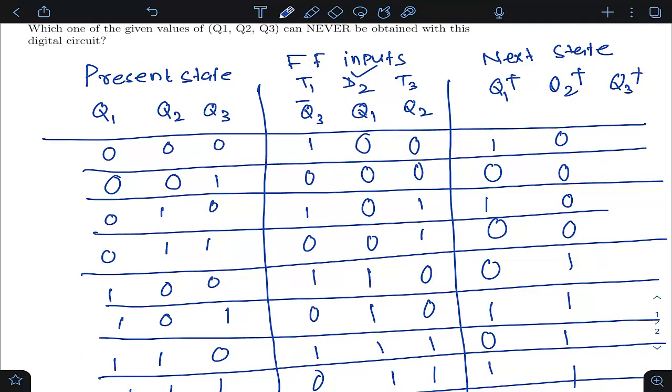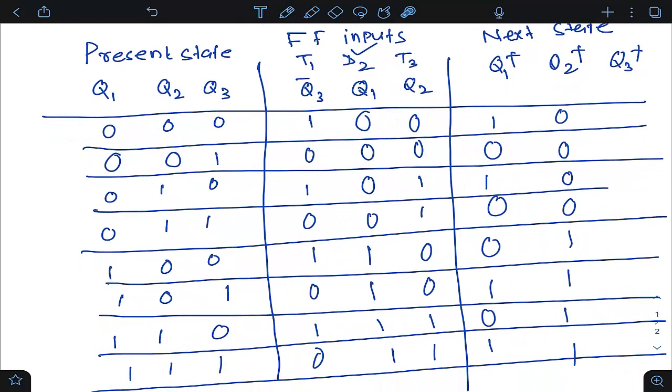Okay. Then finally Q3 plus. I'll be making the XOR combination of this and this. So 0 XOR 0 is 0. Then 1 XOR 0 is 1. 0 XOR 1 is 1. 1 XOR 1 is 0. Right. So I'm doing XOR of this column and this column. 0 0 0, 1 0 1, 0 1 1, 1 1 0, 0 0 0.